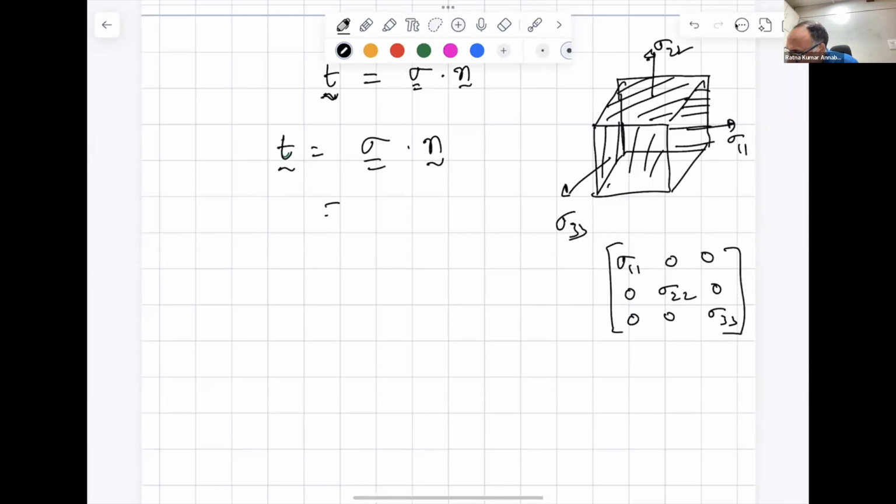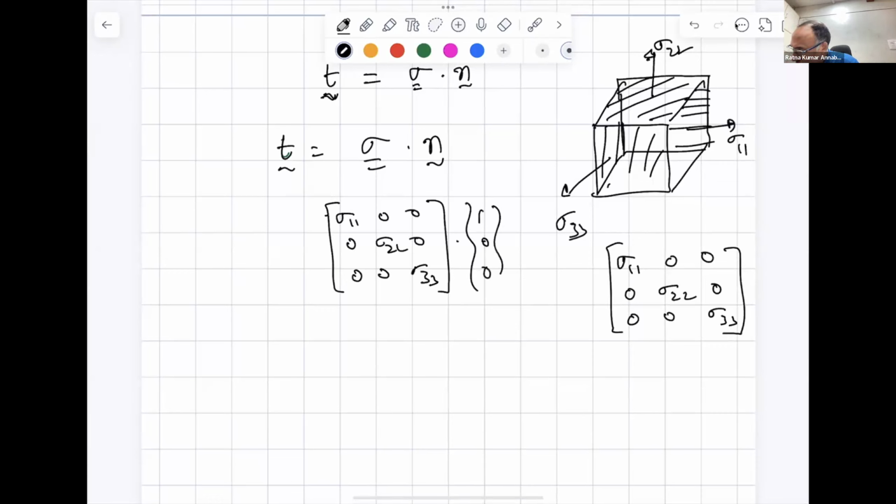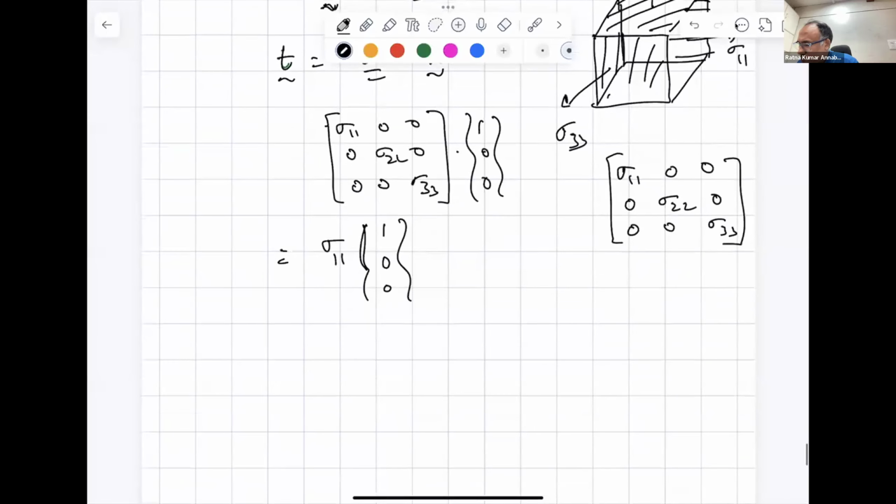If you take that matrix, sigma 11 0 0, 0 sigma 22 0, 0 0 sigma 33, and find the dot product of that with 1 0 0, what do I get? Sigma 11 times 1 0 0. Do you agree or not? So this is A x equals lambda x.